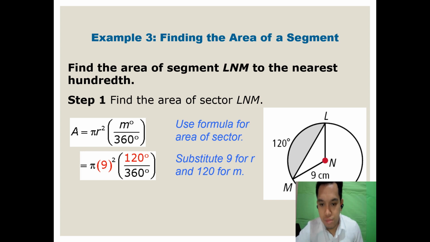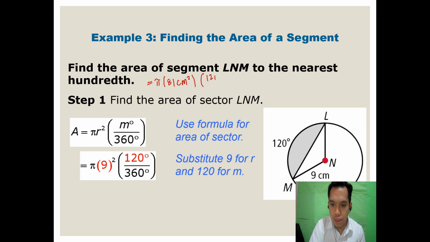Yan. So, simplify that. So that will become, kapag sinimplify natin yan class, yan ay magiging pi times 81 centimeters squared, times 120 degrees over 360 degrees.